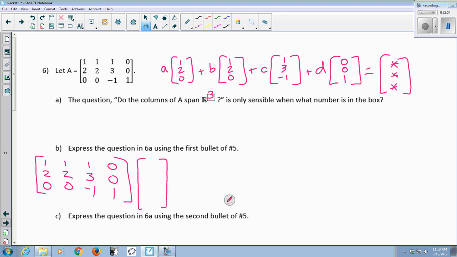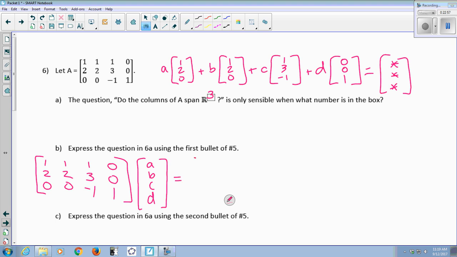How many unknown weights do I have to put in there? 4, just like I did up here. I have to have a weight for each column. So I'll call them A, B, C, and D. You might call them X1, X2, X3, X4. Doesn't matter.